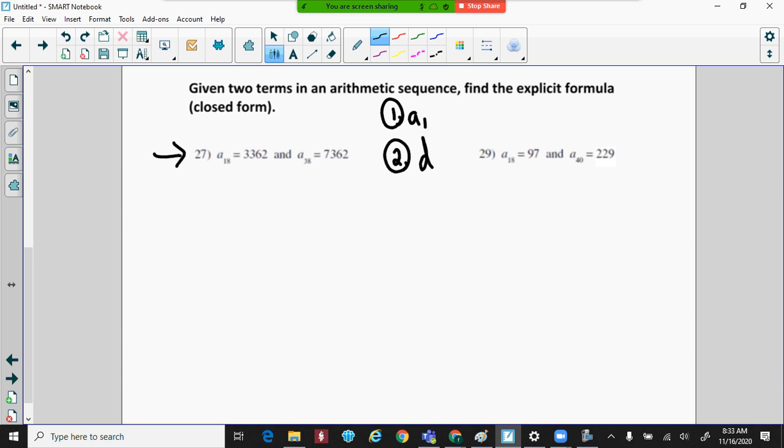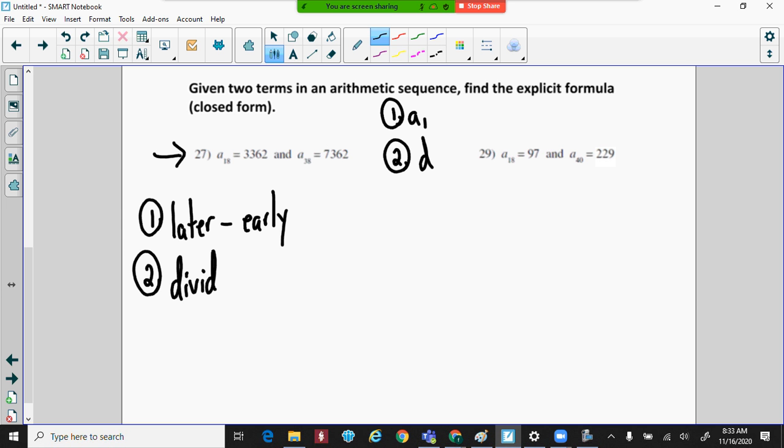Now, here's how you find d. If you remember, take the later term and subtract by the early term. The second thing is to divide by, now, in the past, I said divide by the number of jumps. So this should be familiar to you.